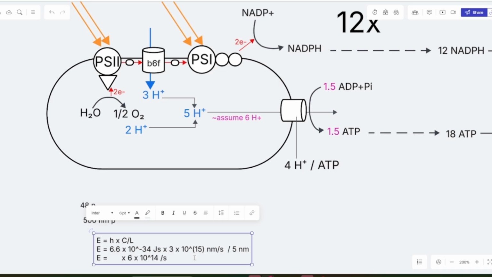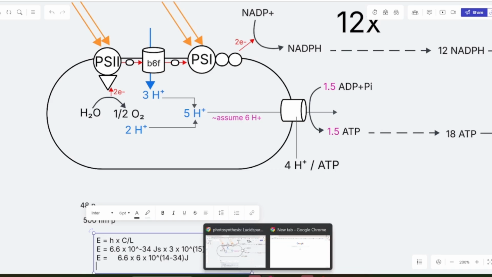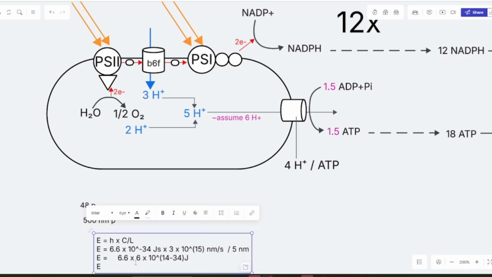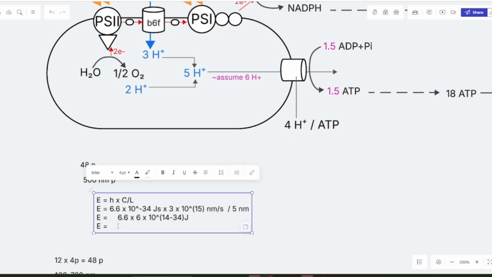And so we've got 6.6 times 10 to the negative 34 here, so we have 6.6, and the 10 to the negative 34, well, I can just add that here, right? So I just do minus 34. This is joule seconds. We've got seconds on the denominator, so seconds cancel out, and we're left with joules. So that's the remaining equation. So now, let's pull up the calculator.